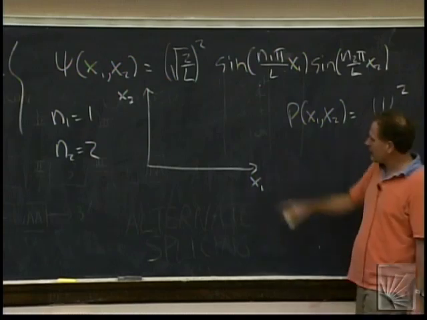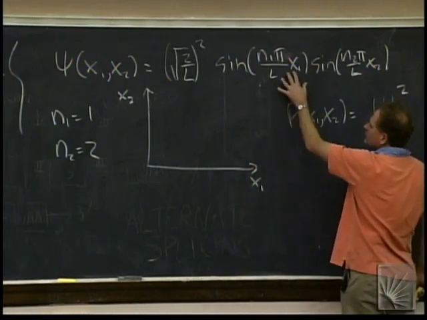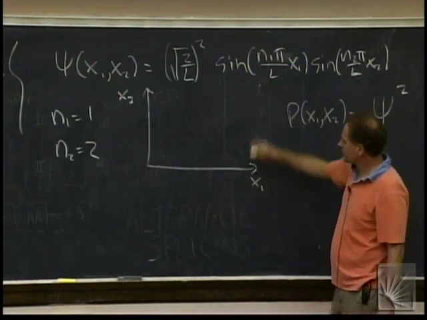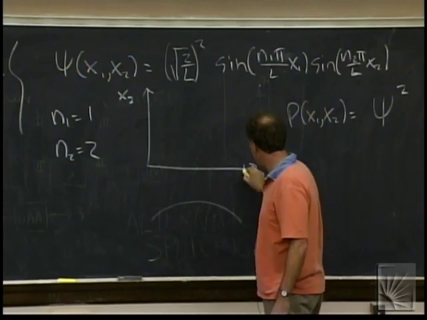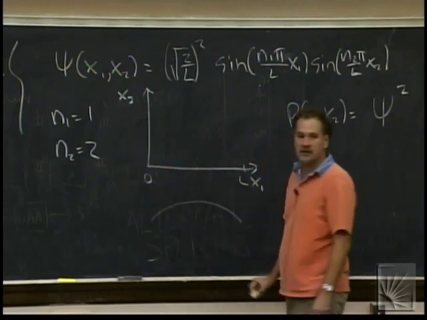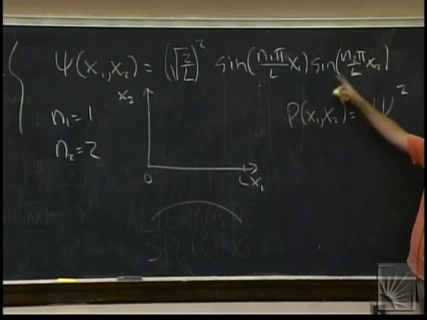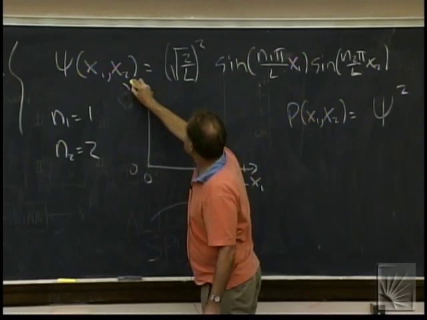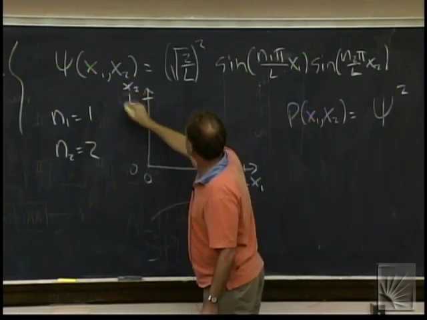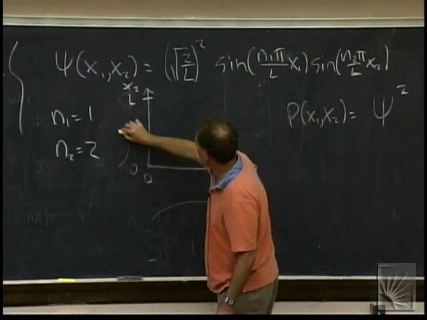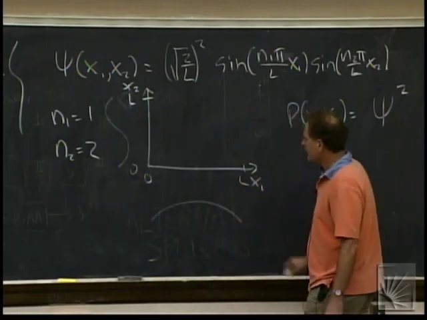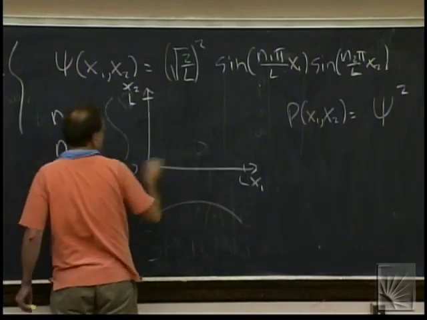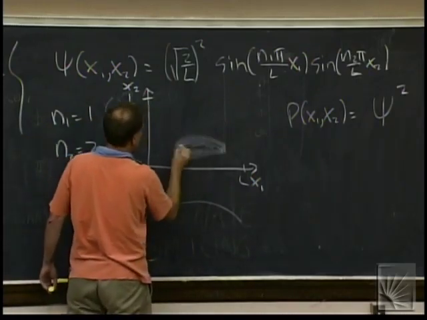Let me just plot P. If I work in the x1 direction, if n1 is 1, it was just a half hump, a half wave going from 0 to L. If n2 equals 2, going from 0 to L, that was a whole wave. So basically, I'm going to get a probability distribution.